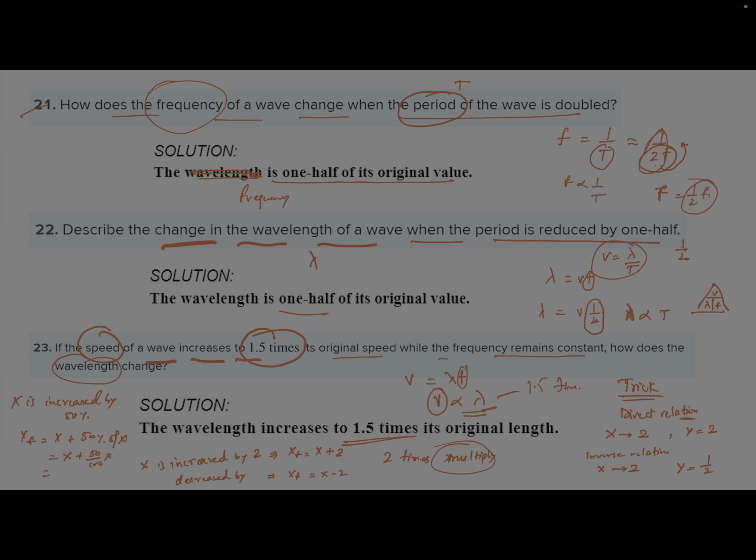So when you solve together, it will be 3 by 2 x. So when you reduce it, it will become 2 by 3. Reciprocal, it will be just inverse, correct? So these are the small language-based questions which you should understand and stick to.